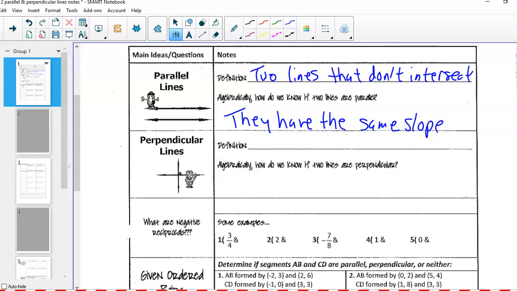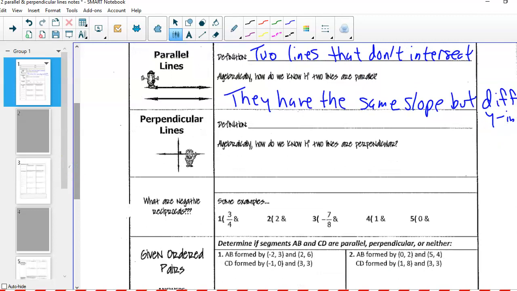There was something else there too. They don't intersect. Correct. They don't cross. They have the same slope but different y-intercepts. That was supposed to be a key. It didn't work.